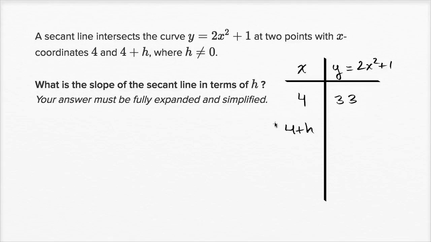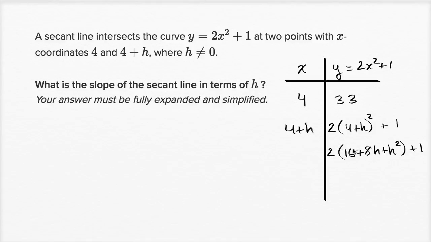Well, it's going to be 2 times 4 plus h squared plus 1. Well, that's going to be 2 times, let's see, 4 plus h squared is going to be 16 plus 2 times 4h, so it's going to be 8h plus h squared. And then we have our plus 1 still.